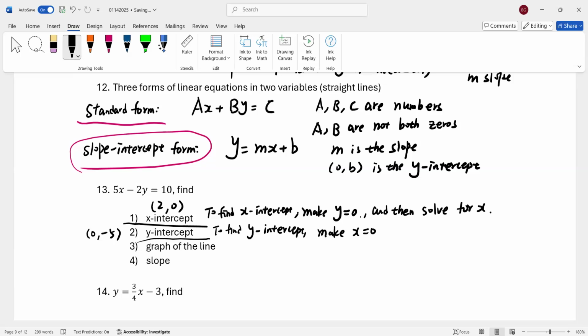And then the pair with x and y, that's the x-intercept. To find the y-intercept, make x be 0, and solve for y. Those are cues for solving this type of problem.